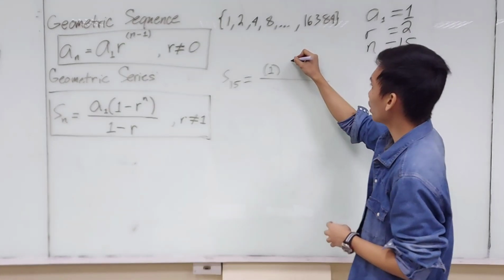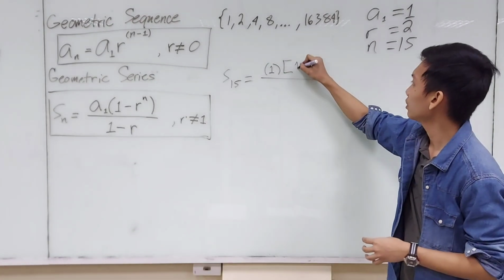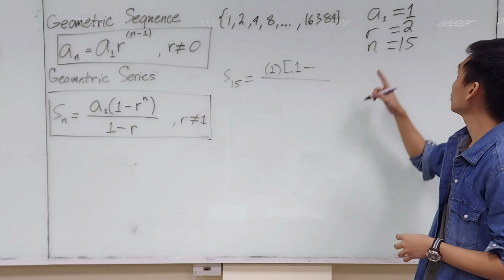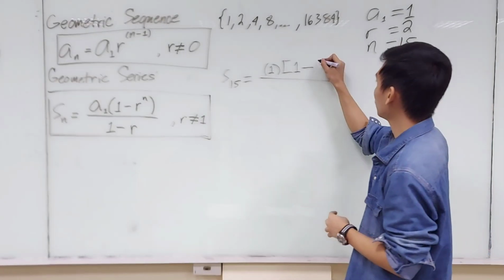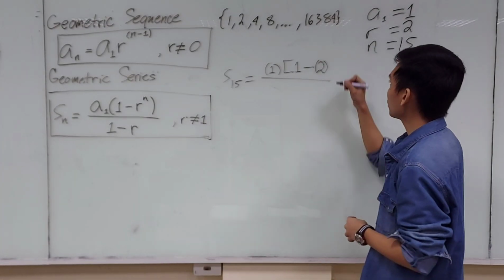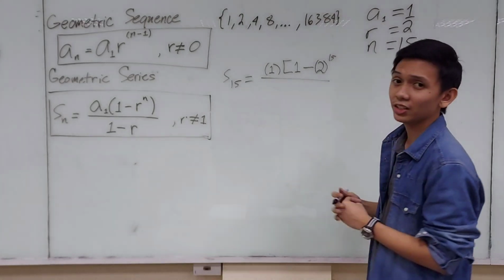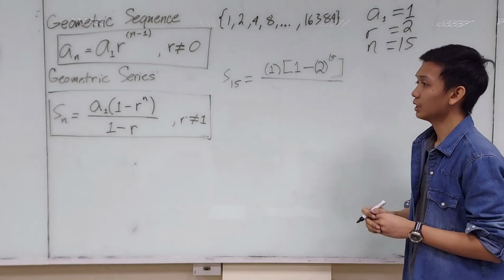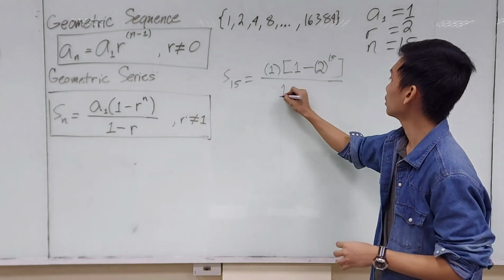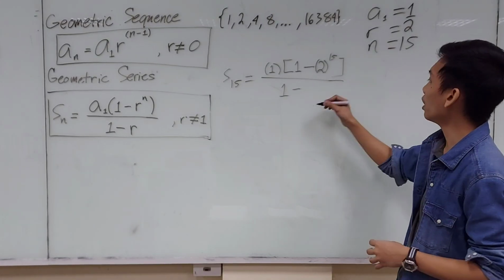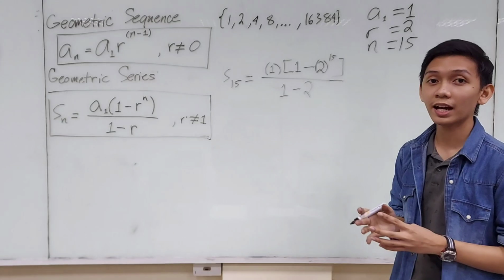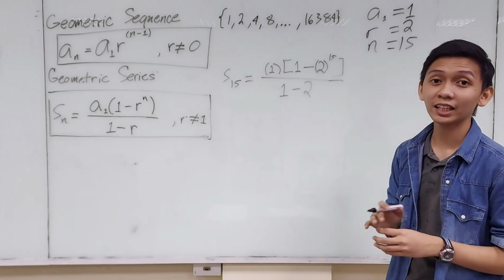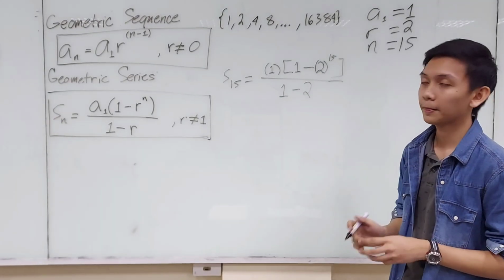Then multiply to the quantity of 1 minus r, which is 2, raised to 15, which is the value of n, close bracket. Now all over 1 minus 2, and the value of r is 2. Notice that our r is not equal to 1.